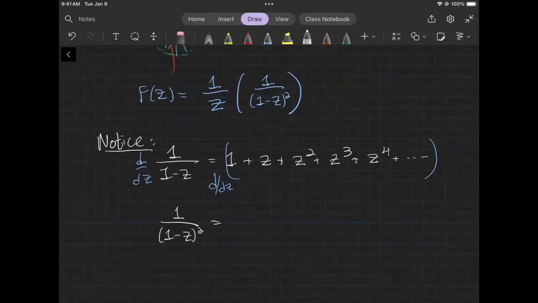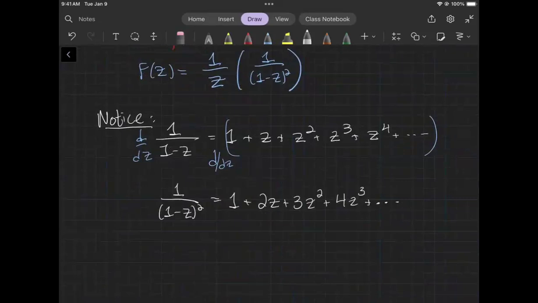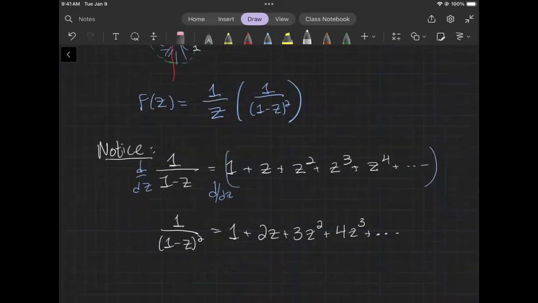And this equals 1 plus 2z plus 3z squared plus 4z cubed plus so on, by term-by-term differentiation. And we know the original series converges where the absolute value of z is less than 1, right?